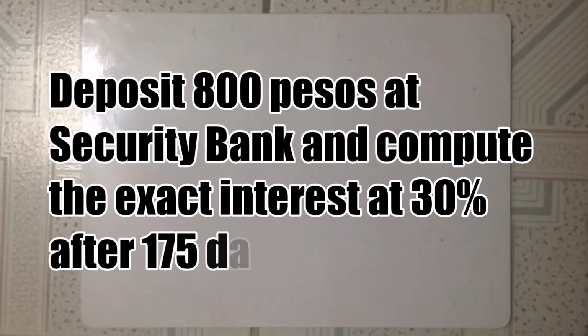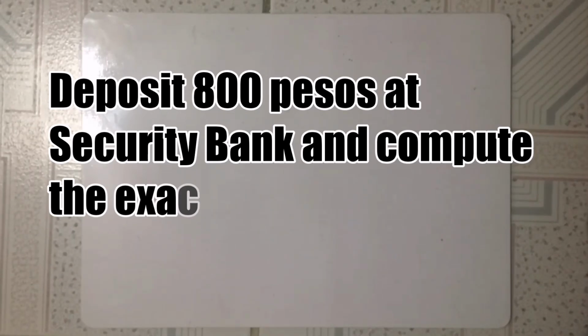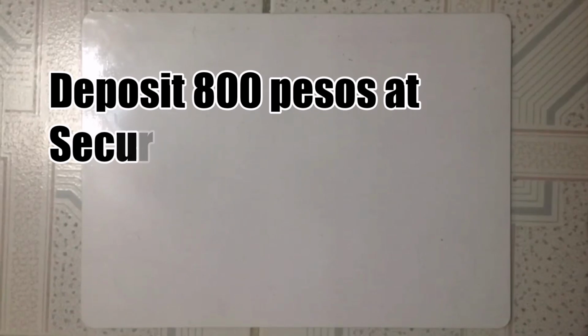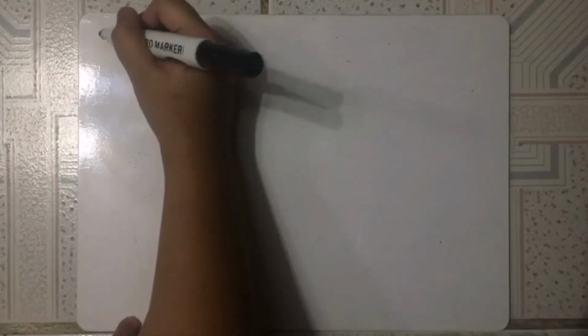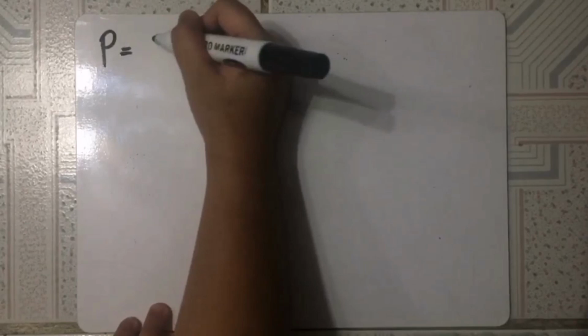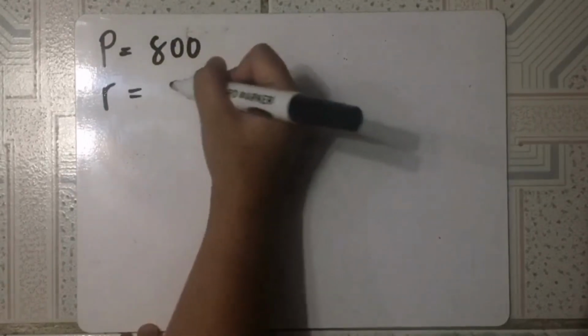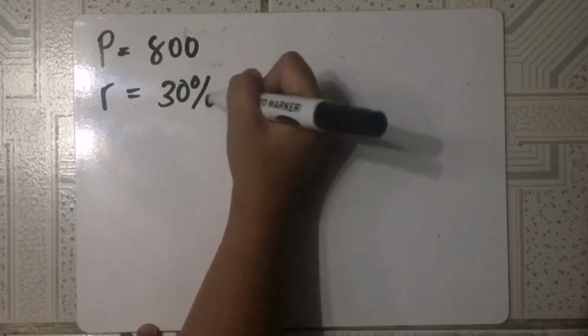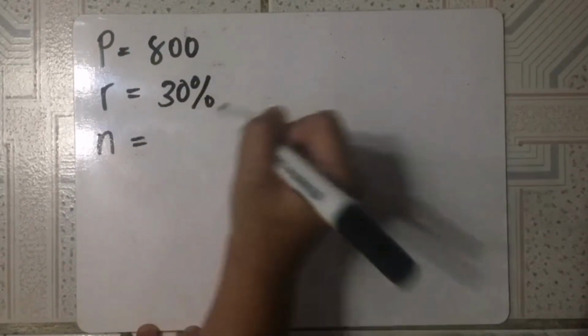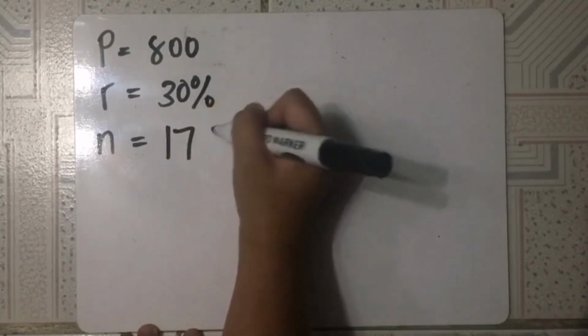So, kunin muna natin yung principal, rate and number of days. So, let's get first the principal, rate and number of days. So, the principal is 800 pesos. The rate is 30%. And the number of days is 175.